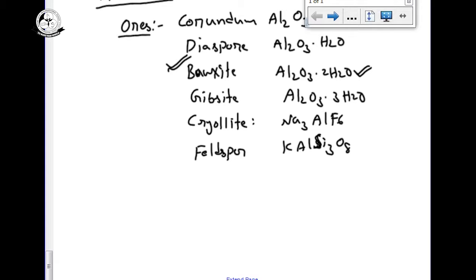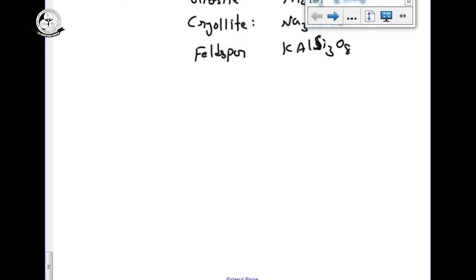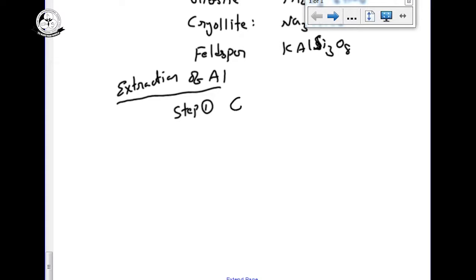How can we extract aluminum? The simple method: step 1 is the concentration of ore.